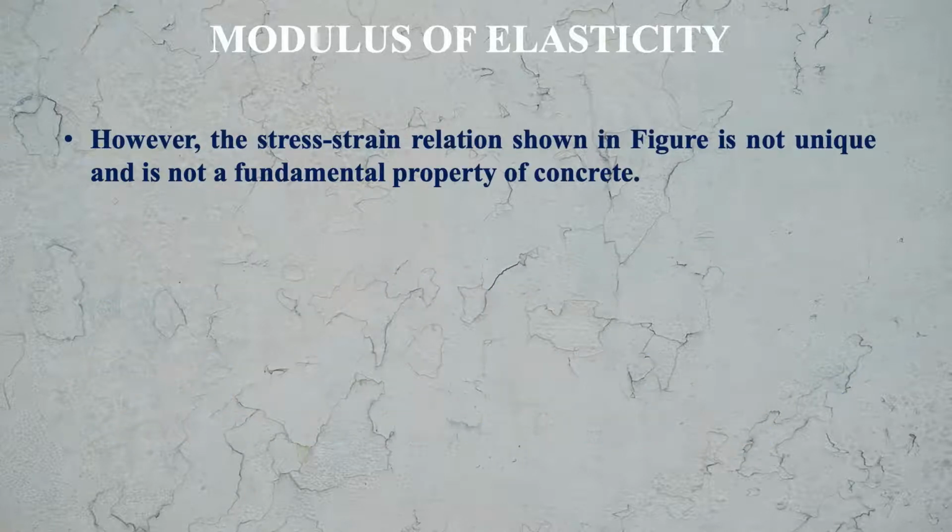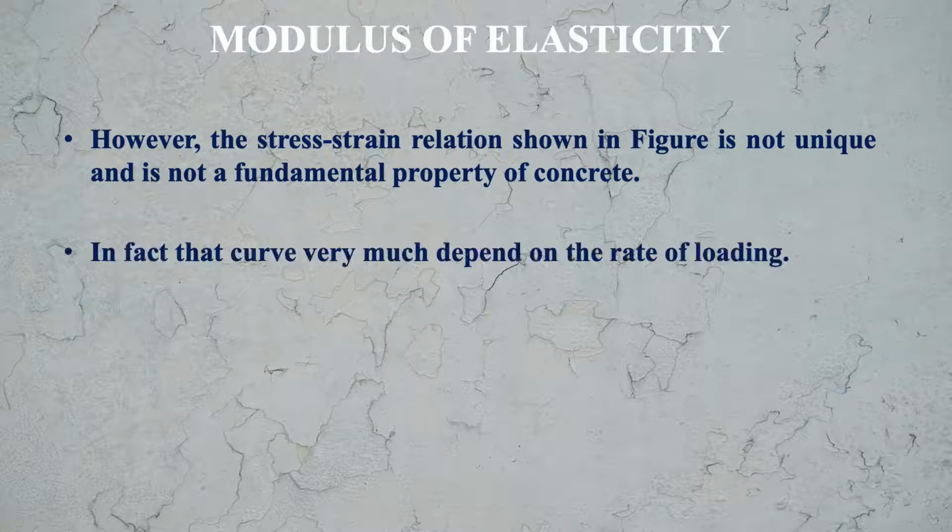However, the stress-strain relation shown in the graph is not unique and is not a fundamental property of concrete. In fact, this curve very much depends on the rate of loading.